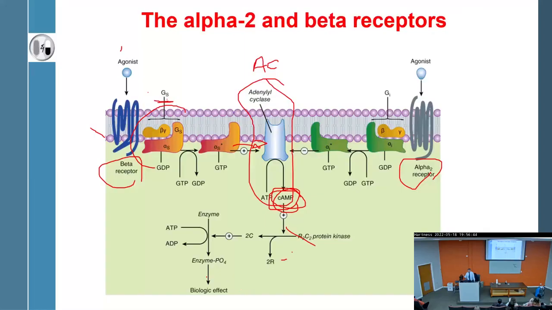But on the other side, if we activate alpha 2 receptors, they interact with a G protein too. It's called Gi, or inhibitory, because the alpha subunit will inhibit the effector. So in one case, cyclic AMP will go up, and in the other case, cyclic AMP will go down. And the level of that second messenger will again modulate the activity of, in this case, a very important kinase, this one here.